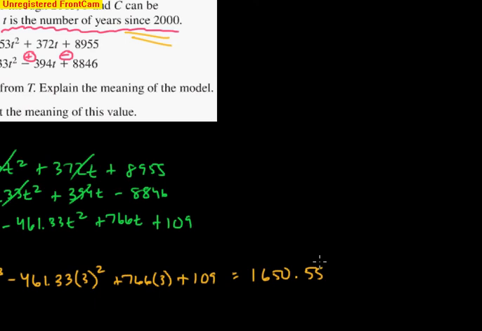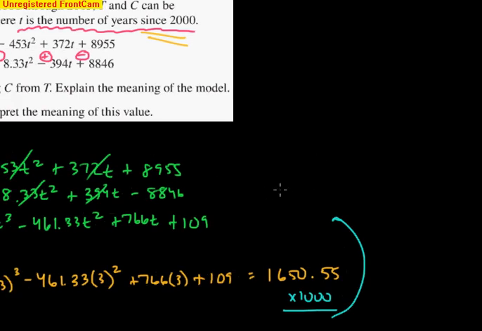I did not make a mistake, I hope. Looks good to me. That is how many more trucks than cars were sold. But this number is not correct yet, because if you remember from the beginning, this is in thousands. Times it by 1,000. And what's that going to do?